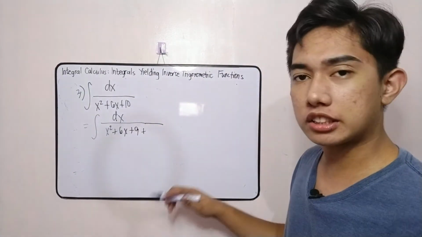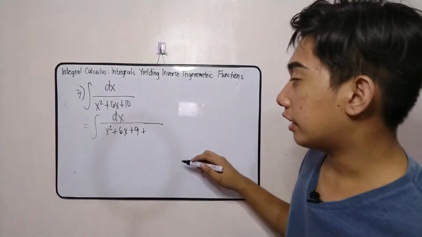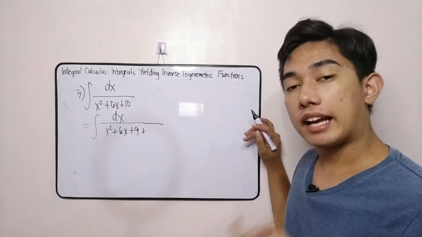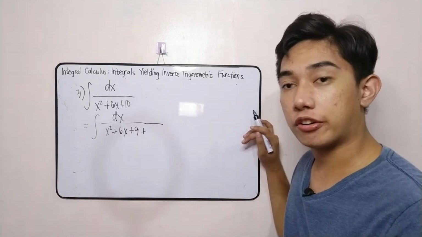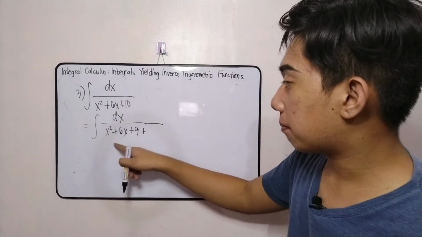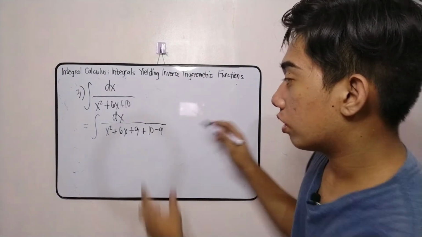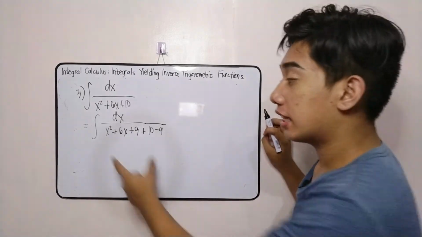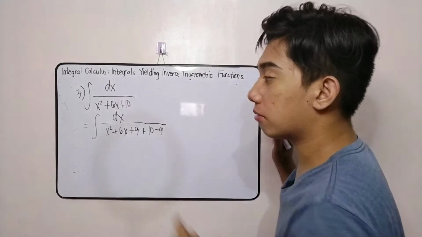It is as if nothing happened, because if we just put the 9, there would be a change in our function. And it is necessary to manipulate this equation to simplify the solving. So, x squared plus 6x plus 9 plus 10 minus 9. Since 9 minus 9 is still 0, it is as if nothing happened. So, we can shorten this into the square of a binomial.